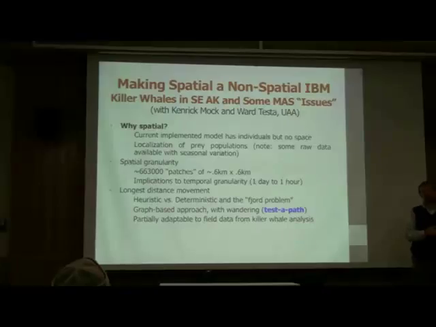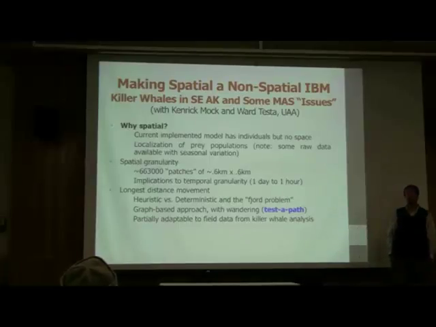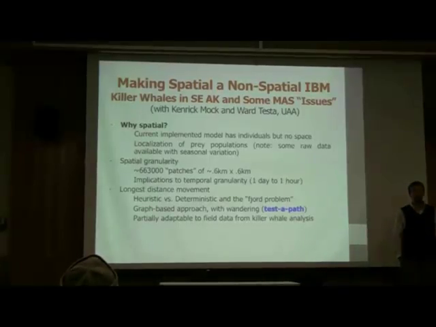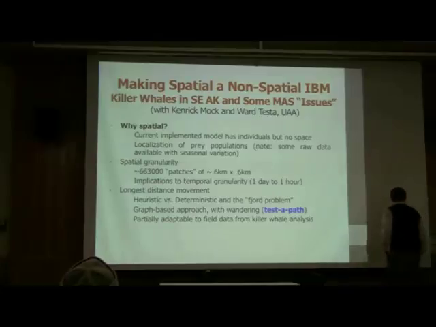And one nice thing about this, which gets back to field study, is that we can adapt that graph to actual field data for killer whale analysis. We can look at the paths that killer whales really have followed and make special nodes in the graph have a higher probability of whales going there if the nodes correspond to places where whales are more frequently sighted. This is one of the first steps, and I can show you that implementation in a minute.